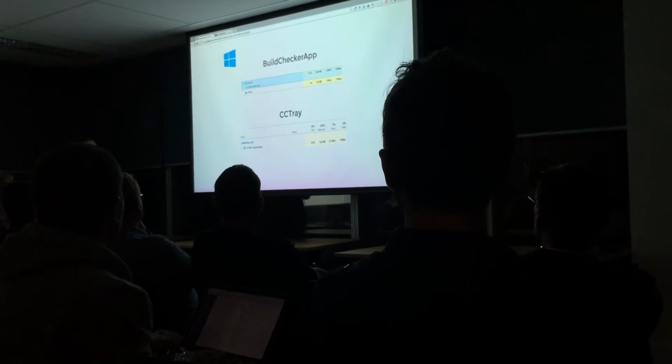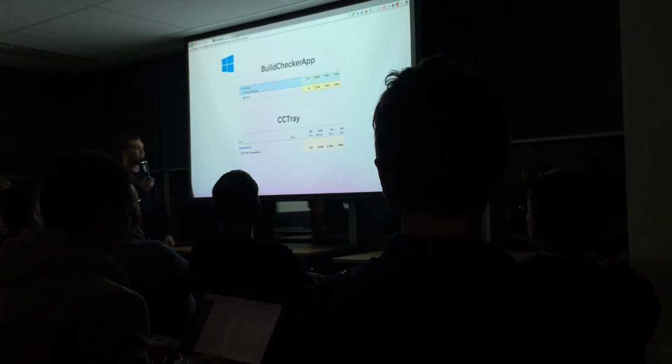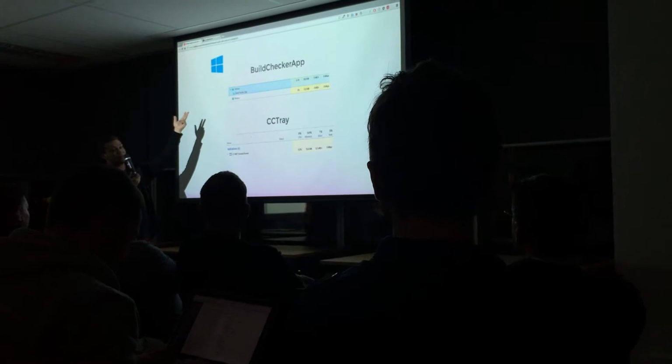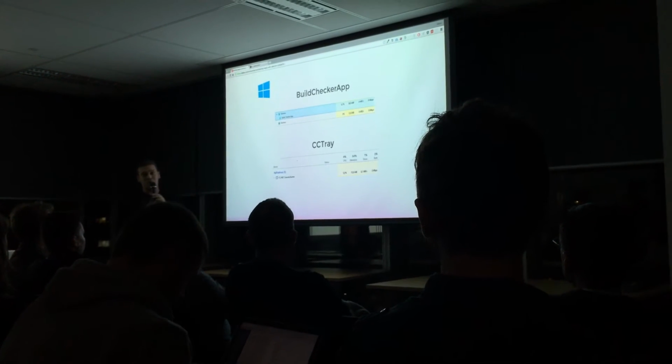Talking about Windows, we have CCTray using 0.3, and both Electron processes using 0.1.